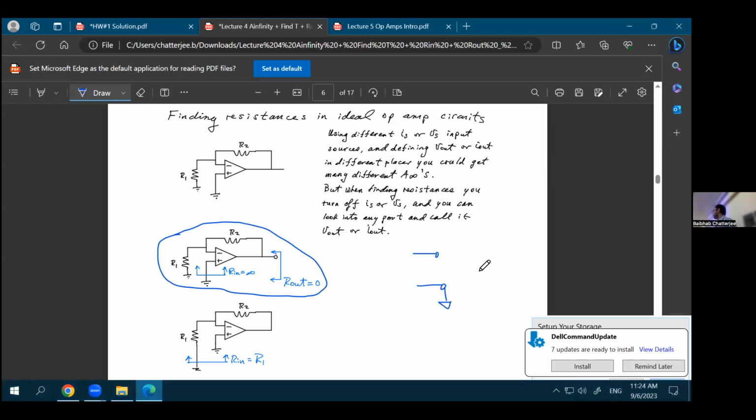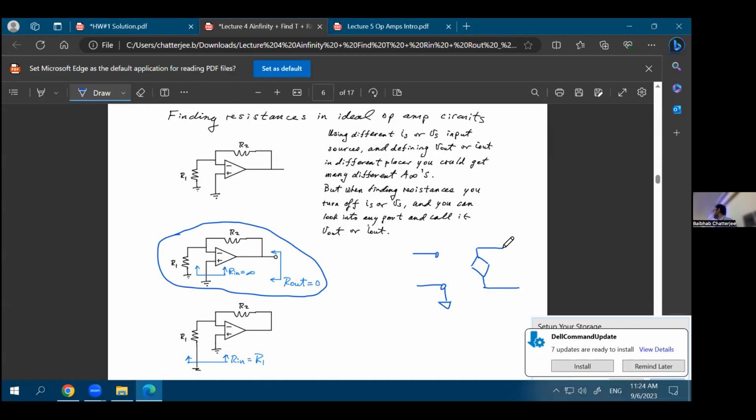So I'll connect this here. And for the sake of simplicity, let's assume that it's a voltage-dependent voltage source. So it's this, right?